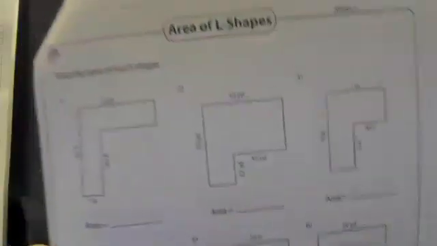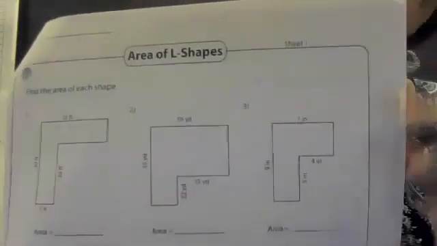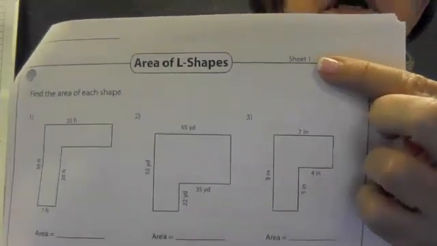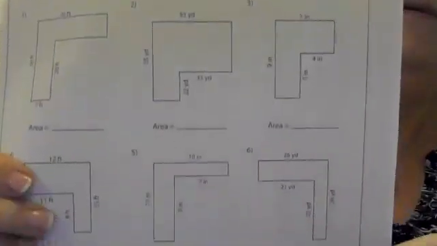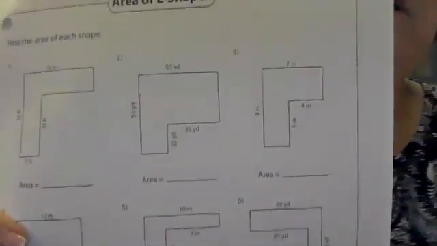Here's where we are, Josh. We're on this page that says sheet 1, area of L shapes. Okay. All right. We'll look at number 1.